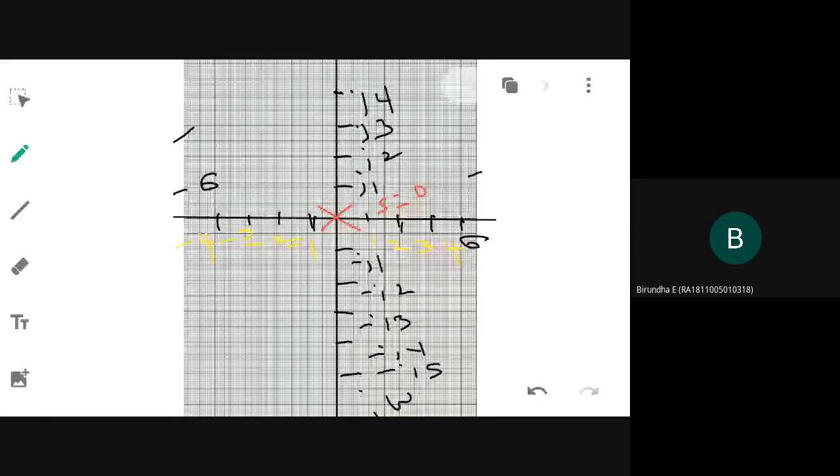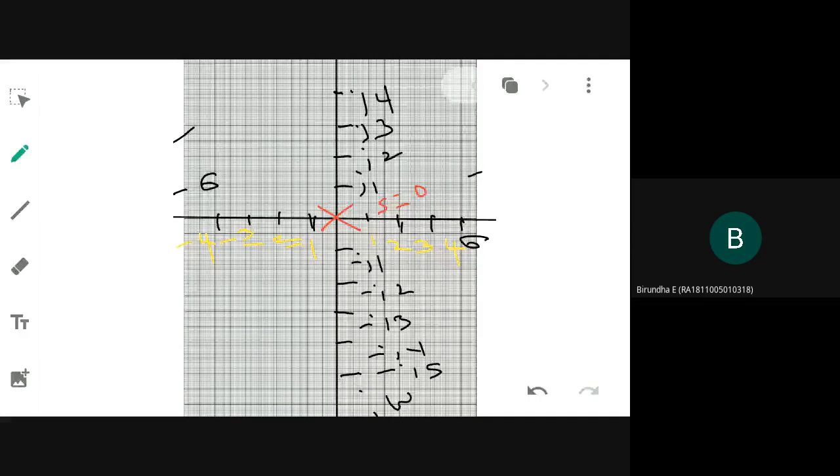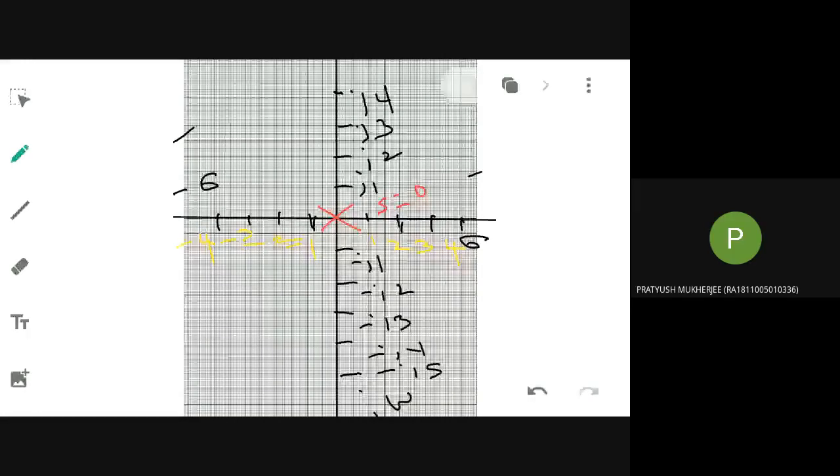Others, tell me what are the other two roots that you have got for the denominator polynomial. Minus 3 plus j1. Where you are having minus 3 at this point, j1 is here.